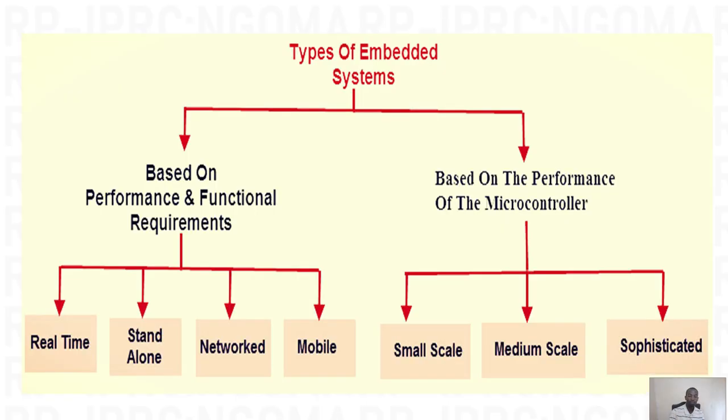Number one, the types are categorized on this structure. Based on performance and the functional requirements, we have sub-types: real-time embedded system, standalone embedded system, networked embedded system, and mobile embedded system.